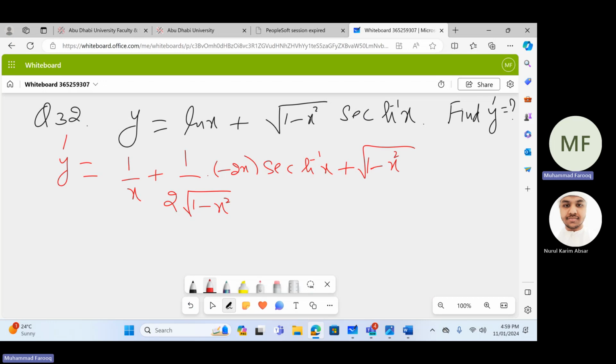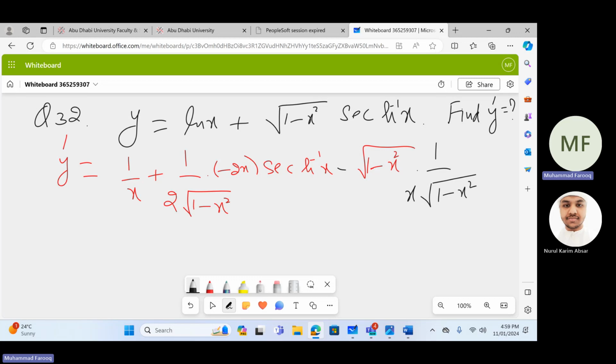So can you change this plus to negative? Because in my rule for secant, it's negative. Negative 1 over u, which is x, times the square root of 1 minus x squared. That's it. I differentiated my secant inverse hyperbolic by the formula.